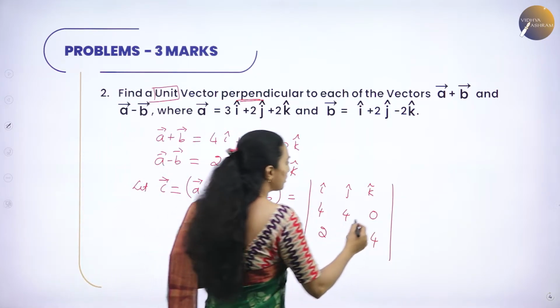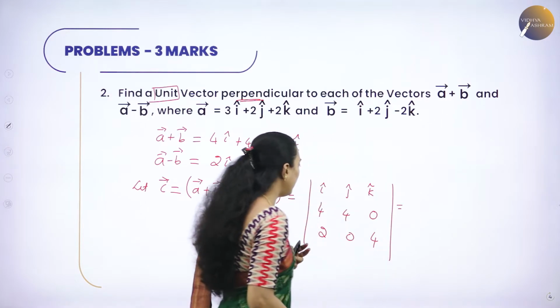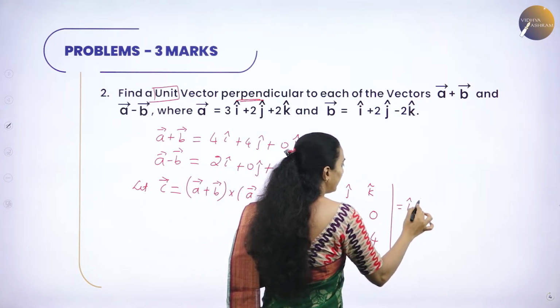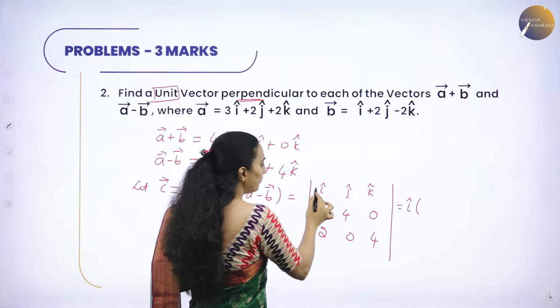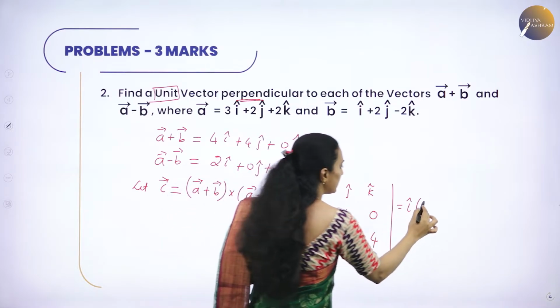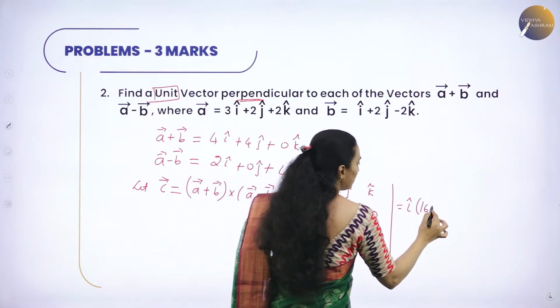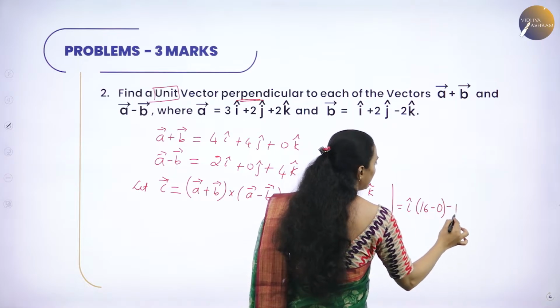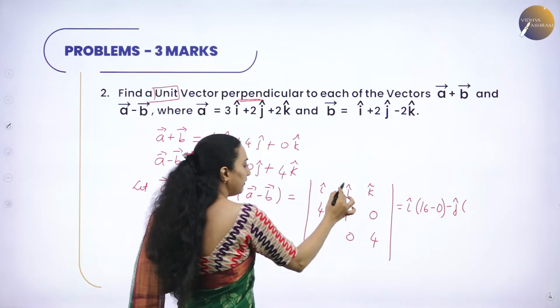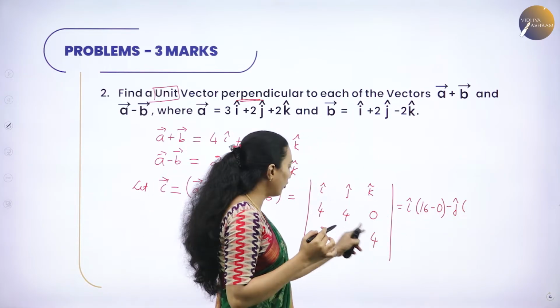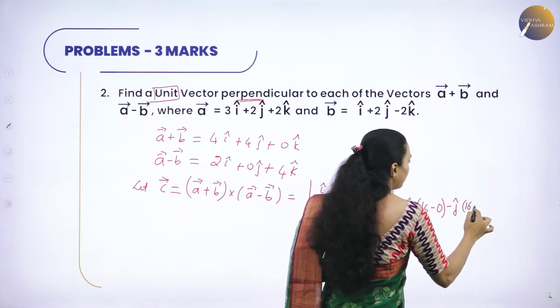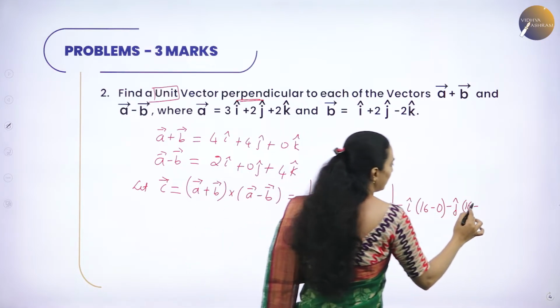What you are going to get? If you expand this, you are going to get i cap into, leaving the first column, first row, 4 4s are 16, 0 into 0 is 0, minus j cap into, leaving the second column, first row, 4 4s are 16 minus 2 zeros are 0.